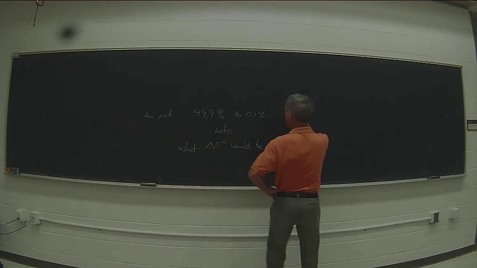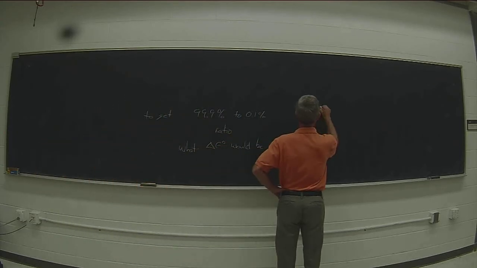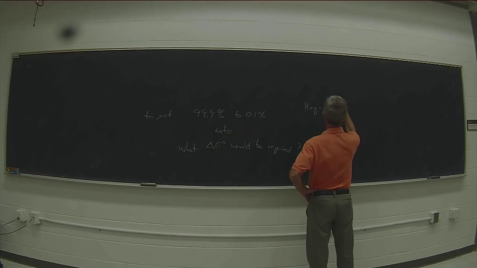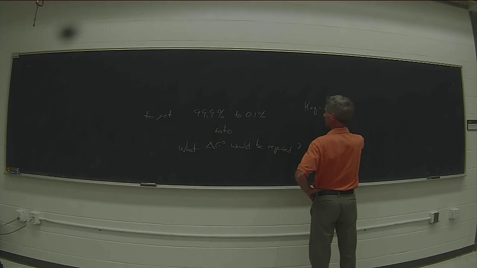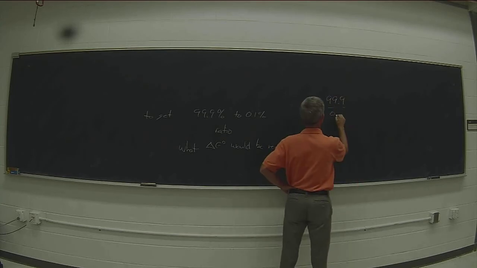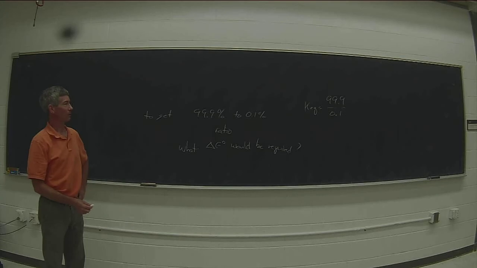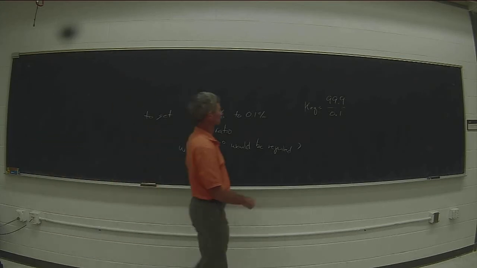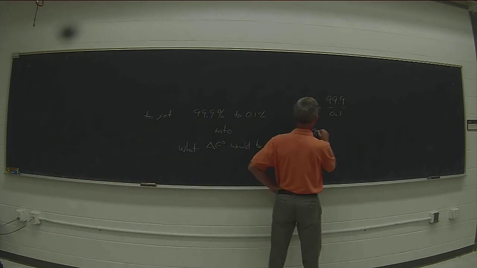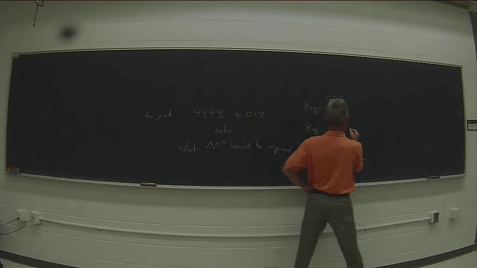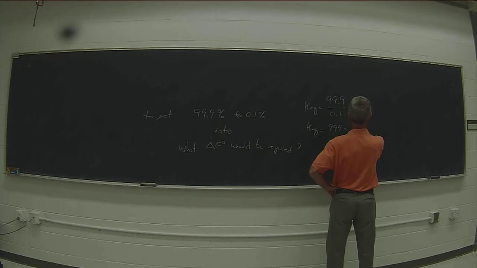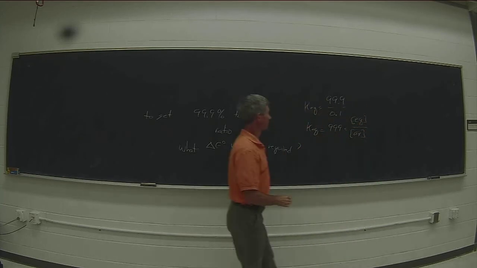Well, now we know that equilibrium constant K2 is equal to 99.9 over 0.1, or 999. And that's equal to the concentration of the equatorial divided by the concentration of the axial substituent.